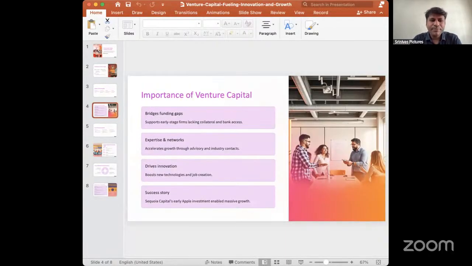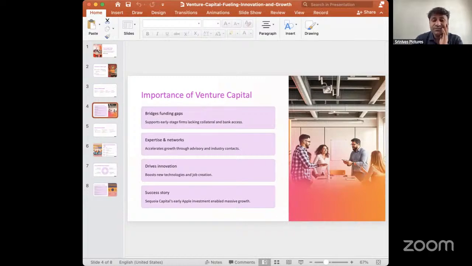Next is bring out latent talent. Next is promote the exports. Next is as a catalyst. Next is bring financial viability, help technology growth, help sick companies, and create more employment opportunities. These are the very important factors we have in venture capital.